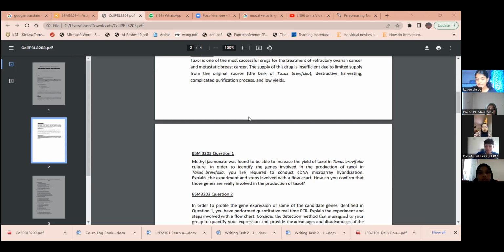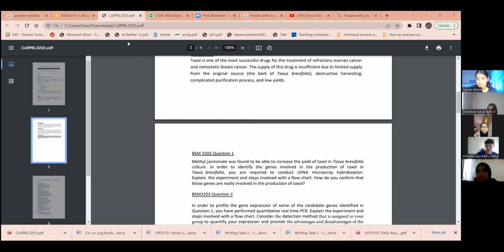Yeah, I think it's like that. We prepare the slide presentation first and then we have the presentation after that. So I was thinking maybe we can segregate in a way that a few of us can help to get the information, as in how is the DNA microarray conducted, and then some of us can help to construct the flowchart.